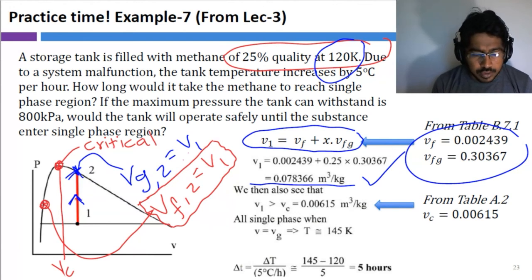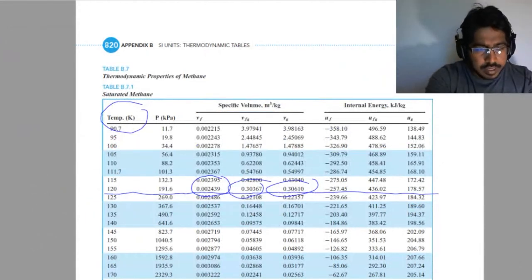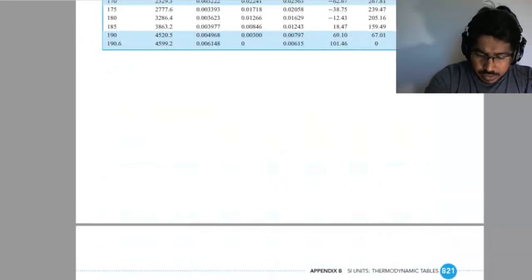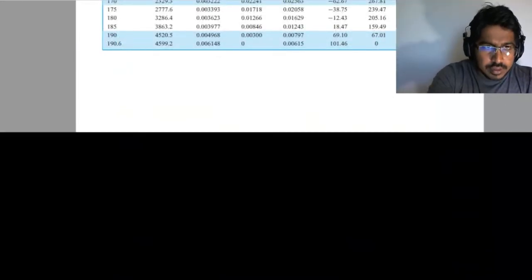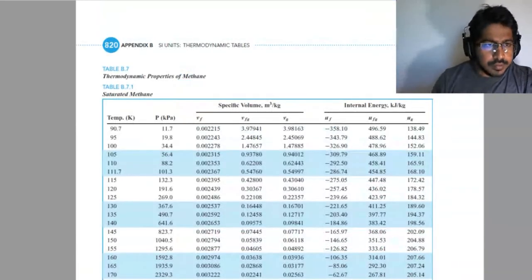So that is a requirement now. So we go into the property tables and go to critical.